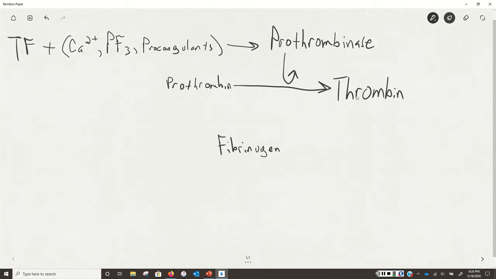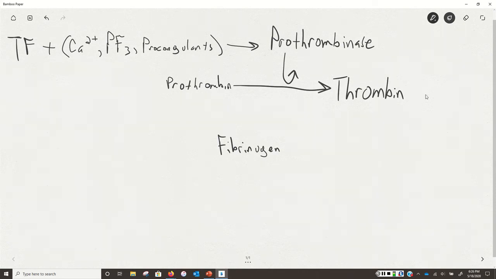So now we have thrombin building up locally, and to go back, we shouldn't have thrombin unless we have prothrombinase. We shouldn't have prothrombinase unless we have tissue factor. We shouldn't have tissue factor unless we had tissue damage. So thrombin, what is it?